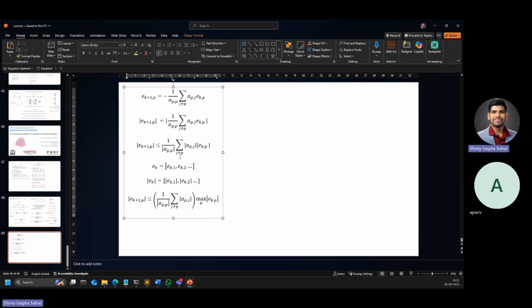Does this make sense, or does it still not make sense, or somewhere you're having issues? The inequality and all those are there. Only how this maximum thing came. Okay, so why does this maximum thing come? See, this is a summation, right?